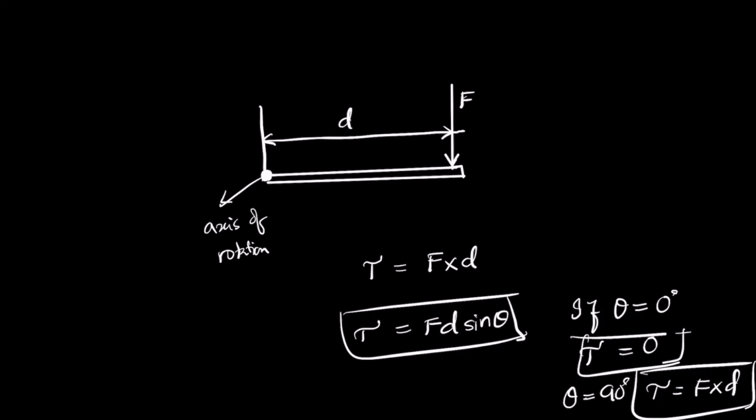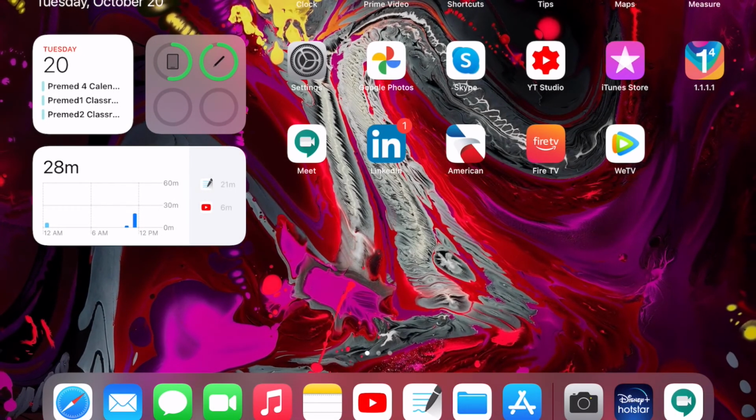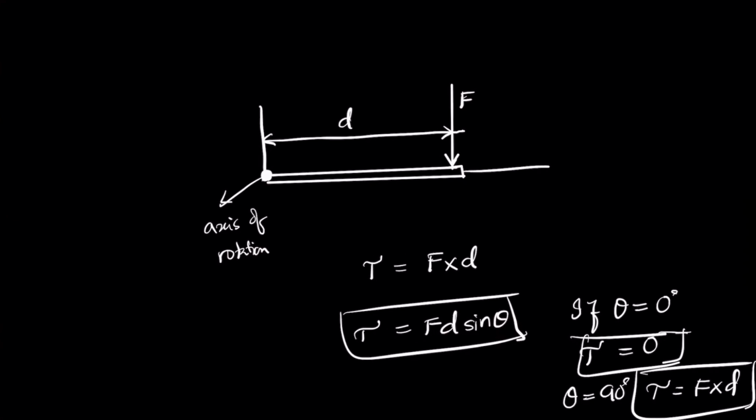Which means that if the force and the distance are in the same direction, then there is no torque. For example, if the force is applied in this direction and the displacement is also in the same direction, then there is no torque on the object.